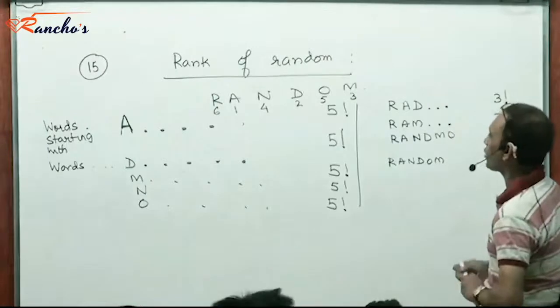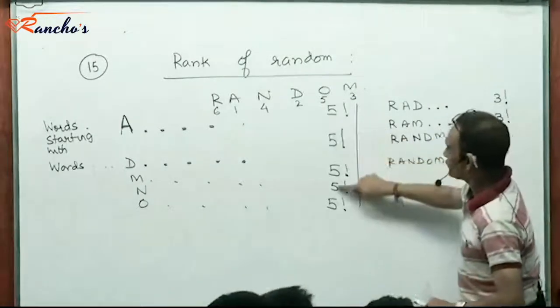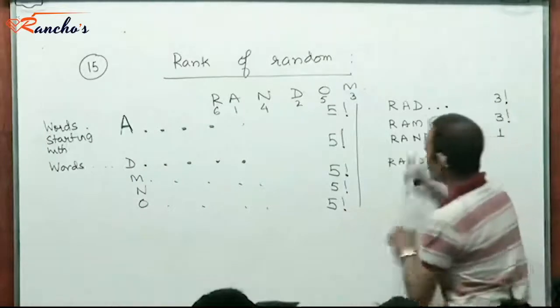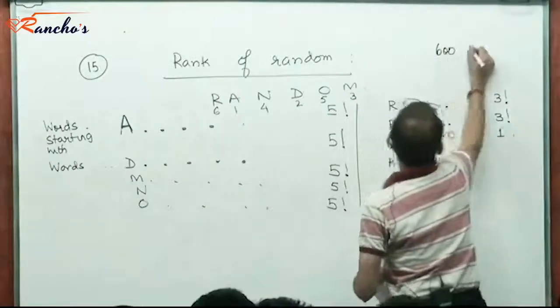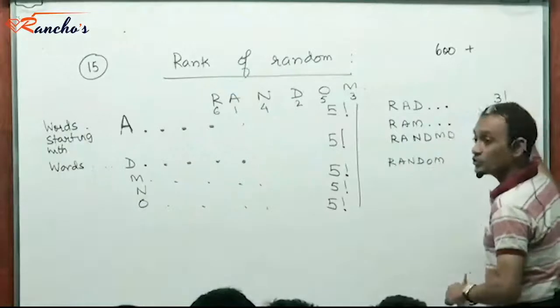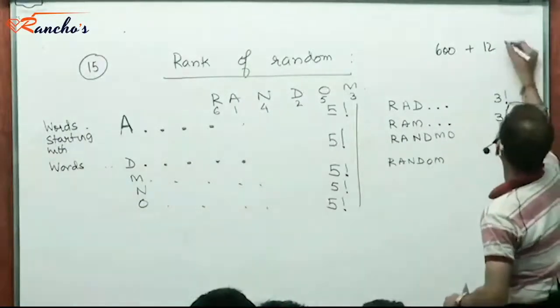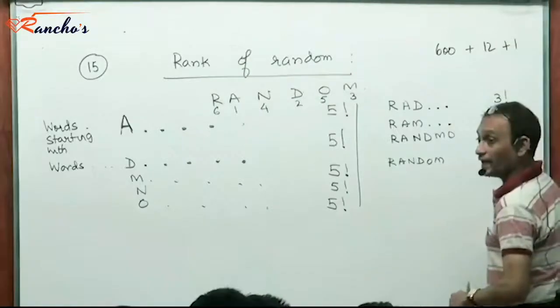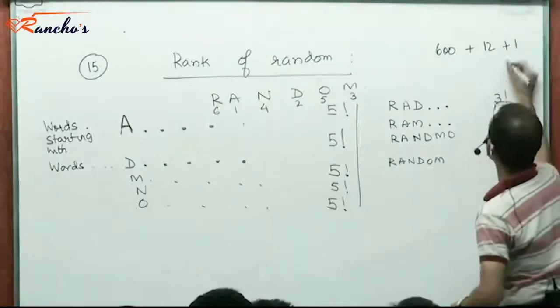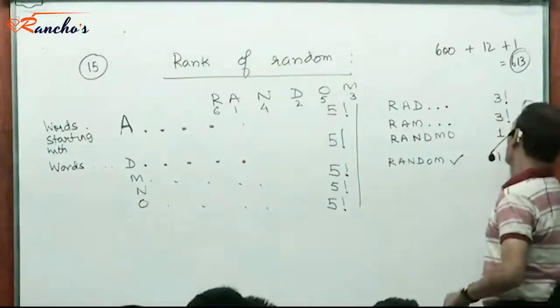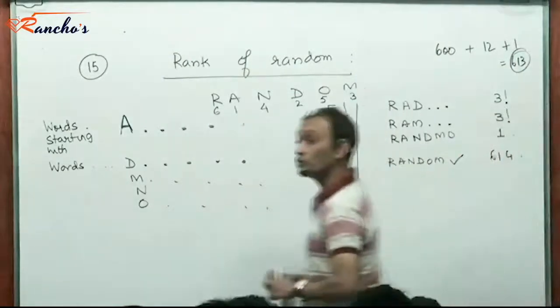So now these are how many? 1, 2, 3, 4, 5. 5 into 5 factorial, that makes it 600. Plus 6 plus 6, 12. And then 1. Right? That makes it 613 before this. Therefore, the rank of this will be 614. The rank of this is 614.